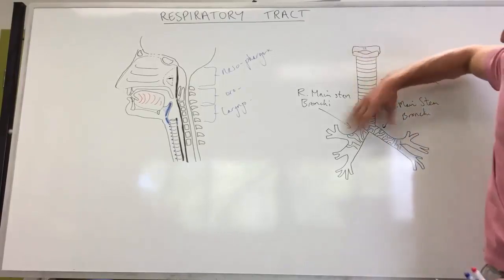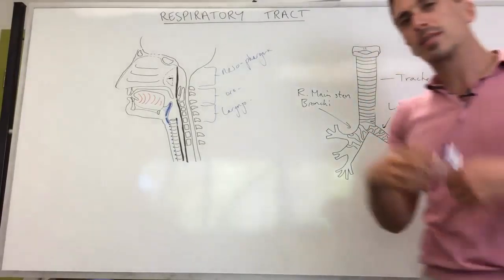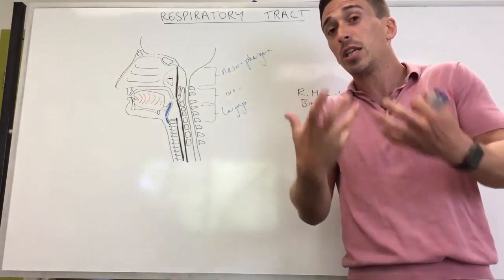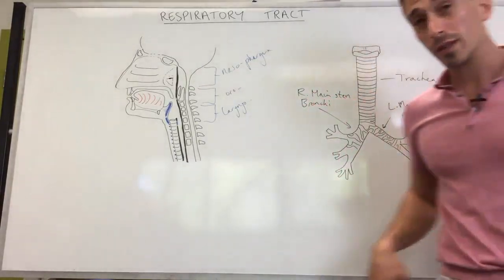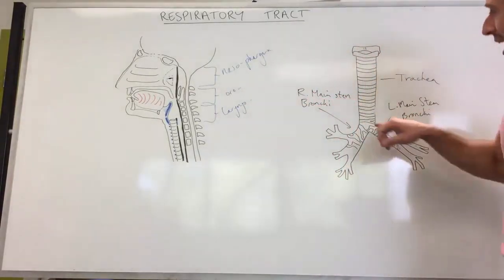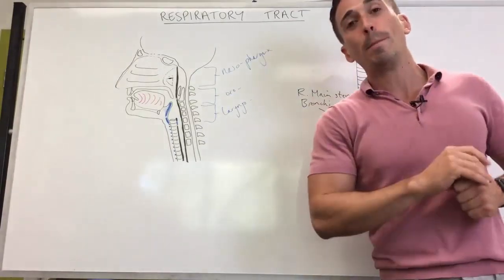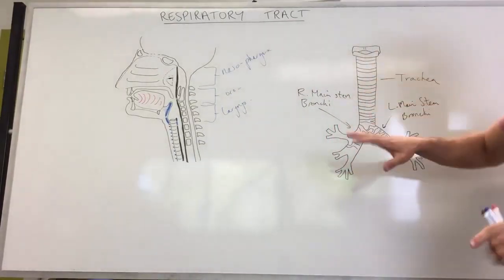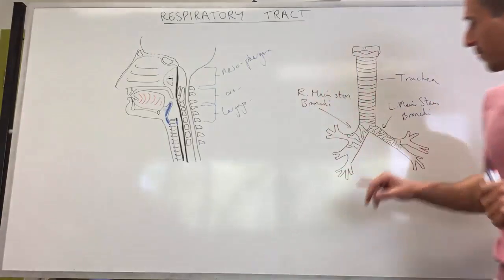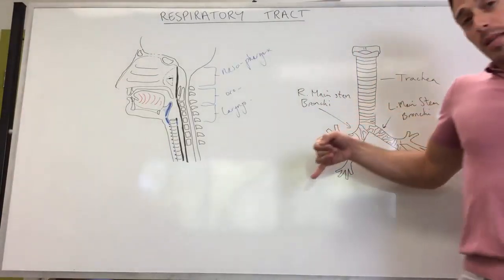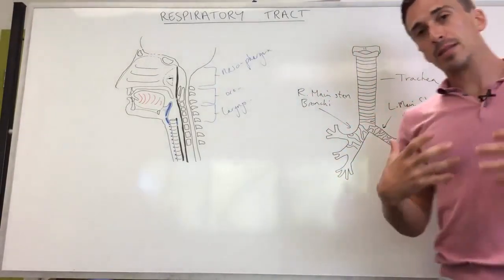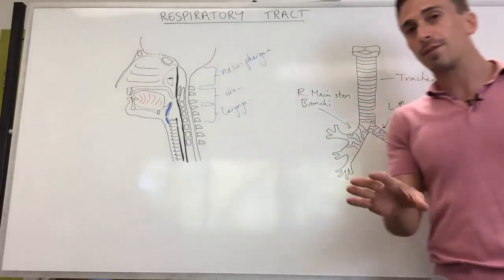Okay, so as it splits off, you can see it still has cartilage, but this cartilage isn't necessarily C-shaped anymore because there's no esophagus going behind it. So you can see it has this non-uniform pattern to it. So it splits off. Now, another clinically important point. The right main stem bronchi compared to the left main stem bronchi is a little bit different.